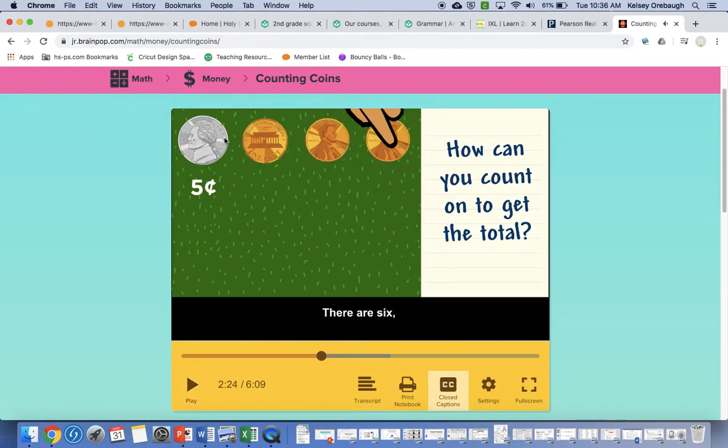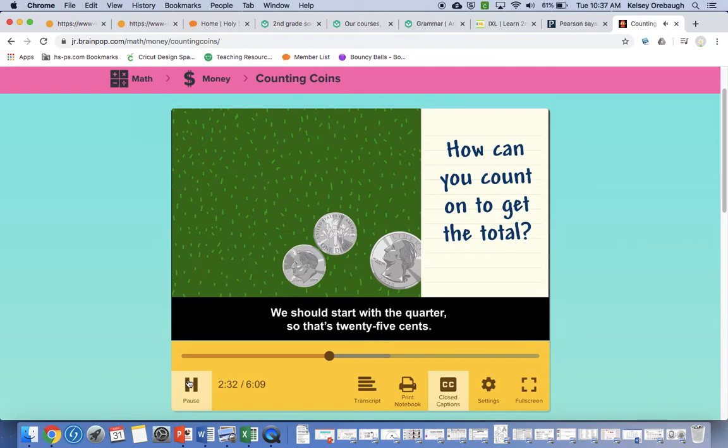Start with the biggest amount, 5, and count on. Each penny is worth how much? Only 1 cent. So count on 5, 6, 7, 8. How many cents in all? 8 cents.